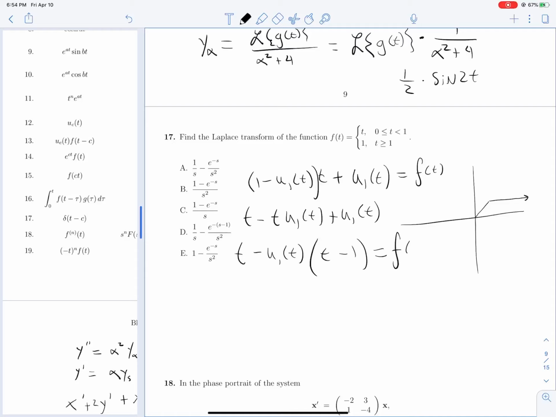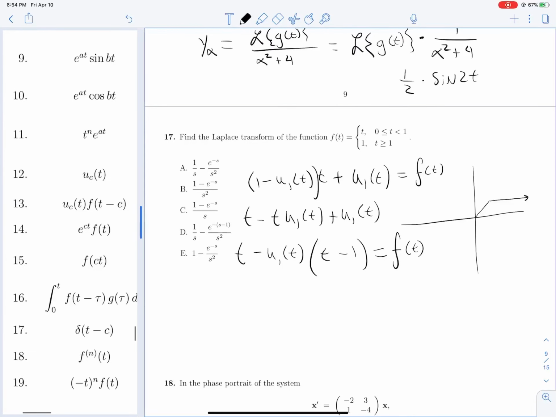So this is still our f of t, and this is something, believe it or not, that we know how to deal with. We'll see rule 13 up here, or property 13 of the Laplace transform, says that u_c(t) multiplied by some function of t where all of the t's are replaced with t minus c's, which we see that we satisfy this condition.